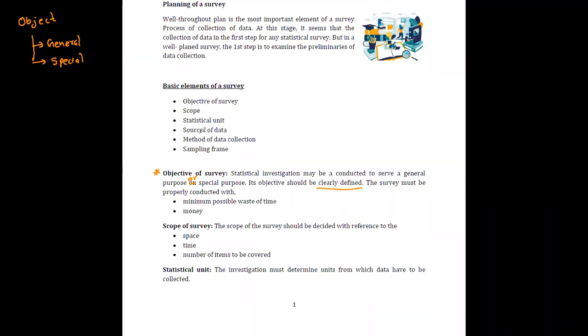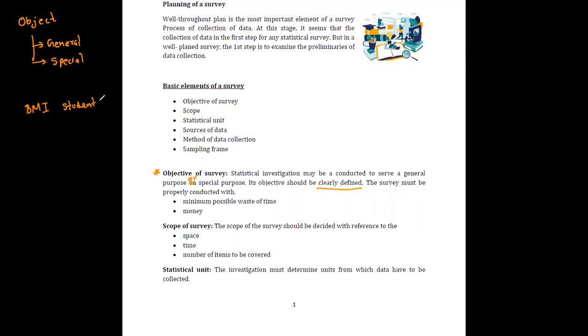And the next objective can be considered as the scope of the survey. The scope of the survey should be decided with reference to the space, time, and number of items to be covered. Suppose you are taking the same example of calculating the BMI of students.